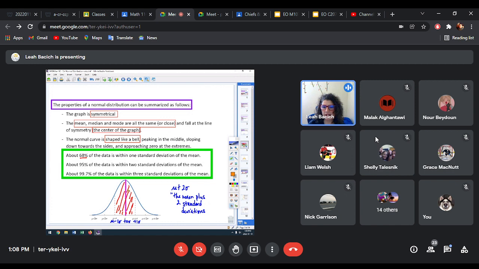So for that one, we would go 2 this way to this guy, and this would be 2 this way out to here, which would mean 95%. So if you had 100 pieces of data, 68 of them would be in the red area, 95 of them would be in this area right here, in this orange area.